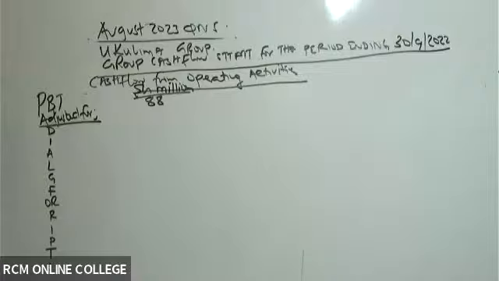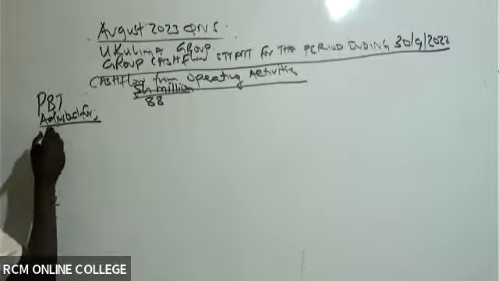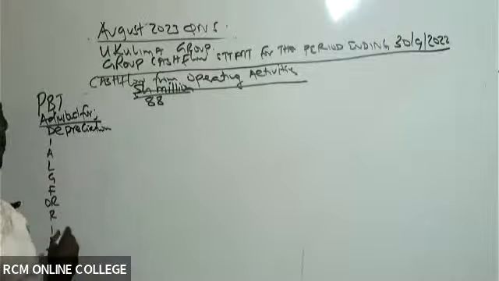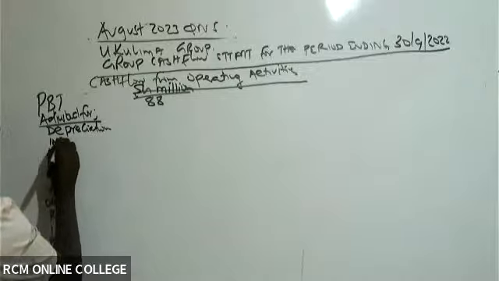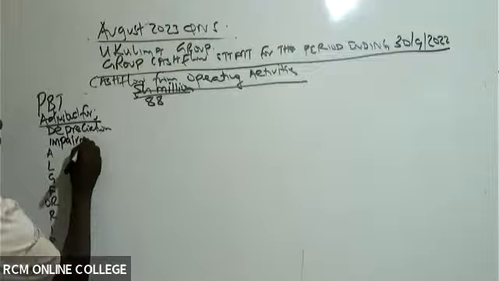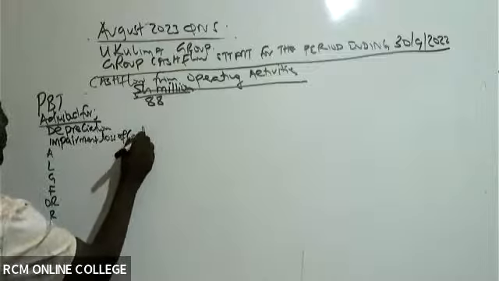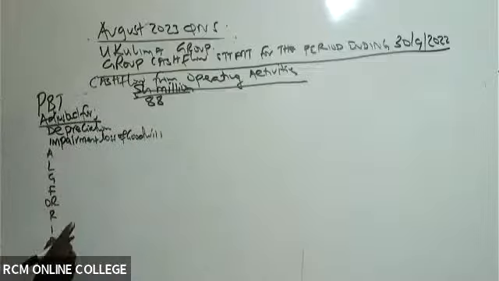Whenever you're looking at the indirect method, you remember this. With the direct method, you can't use this acronym. So the first D stands for depreciation. Here we have impairment loss of goodwill, it's only for goodwill.